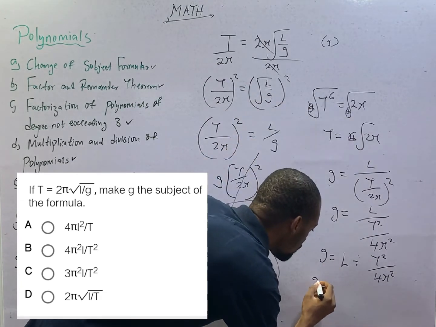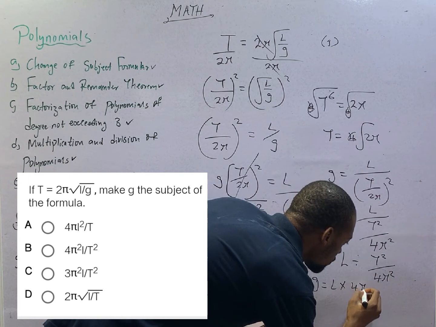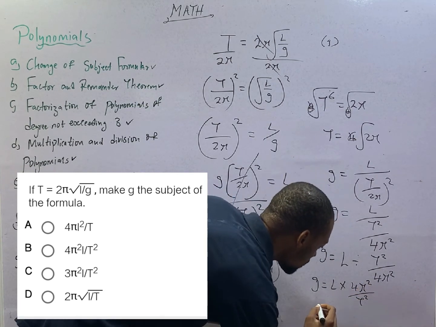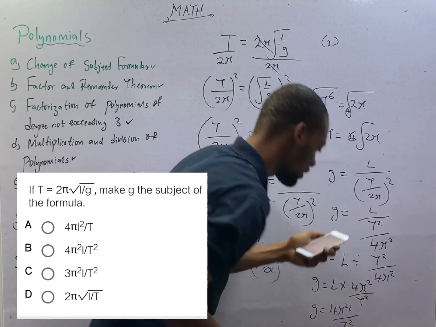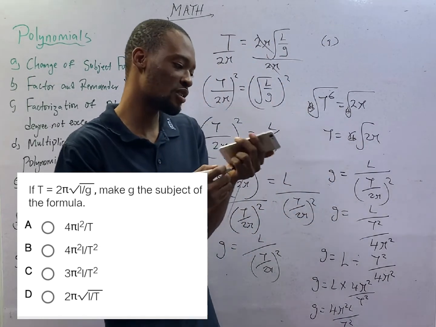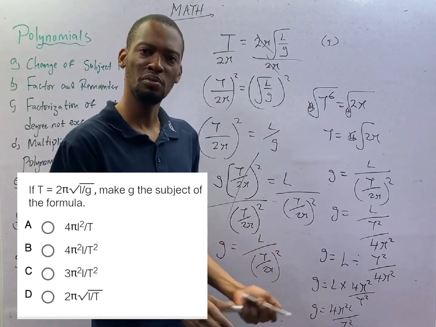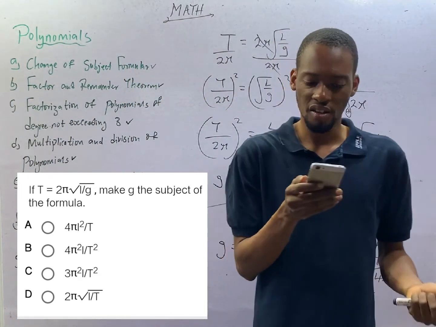So G is equal to L times 4 pi squared over t squared. And that will give you G is equal to 4 pi squared L over t squared, as seen in option B. Long but very, very easy. Nothing is complicated in all this.